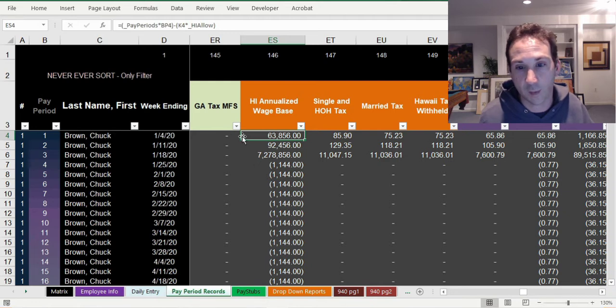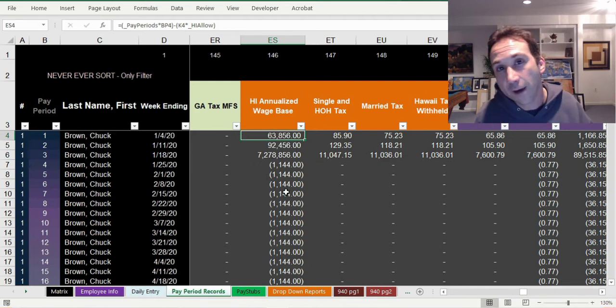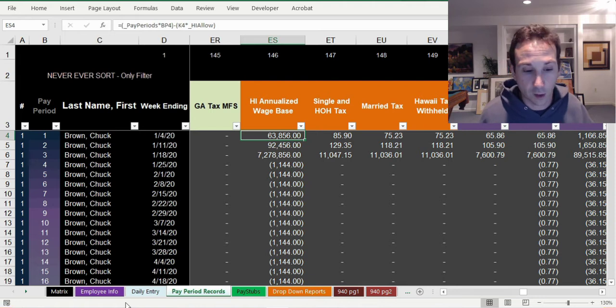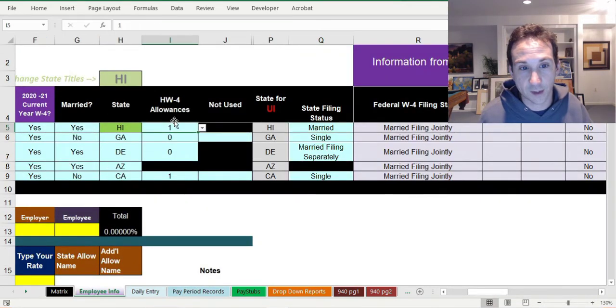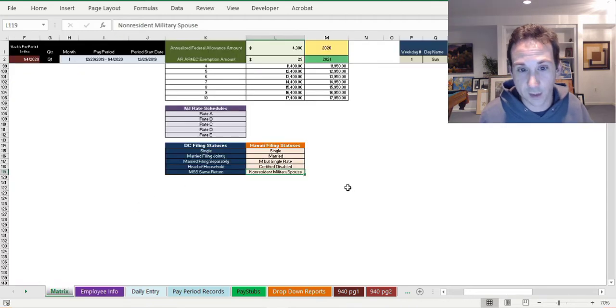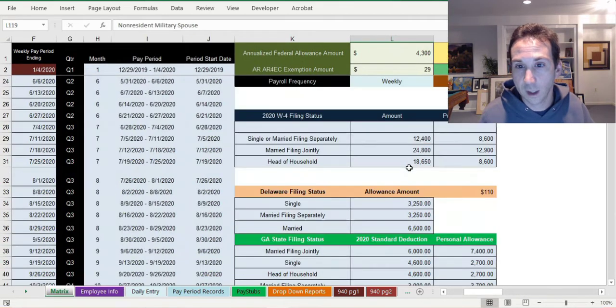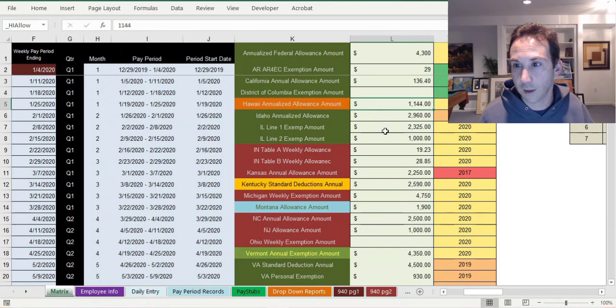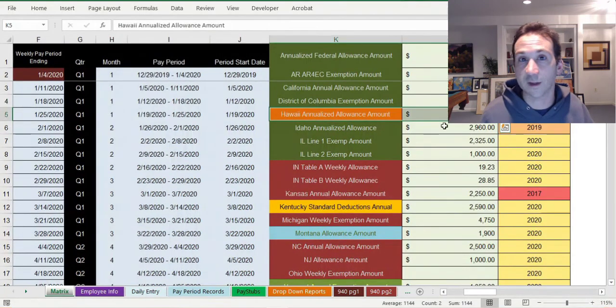We're looking at a weekly payer, so this person's annualized wages are $63,000. After you subtract out their number of allowances, which was this number right here, times 1,144. I believe that is the allowance amount for Hawaii. There it is. At least it was in 2020. We'll see if it stays the same in 2021.